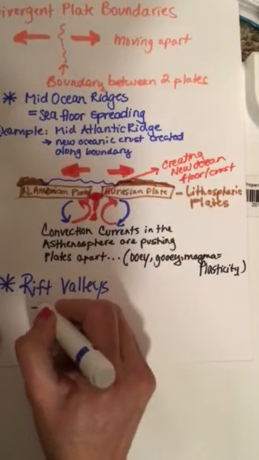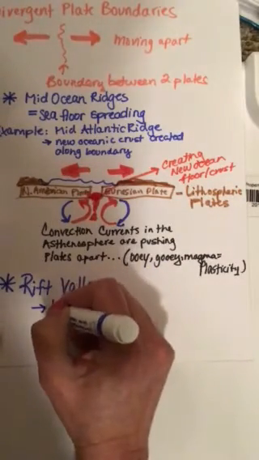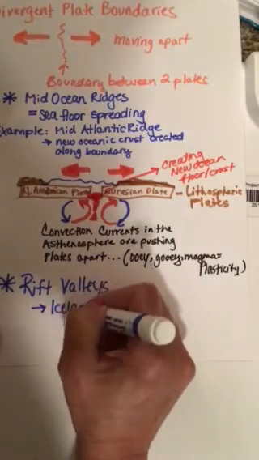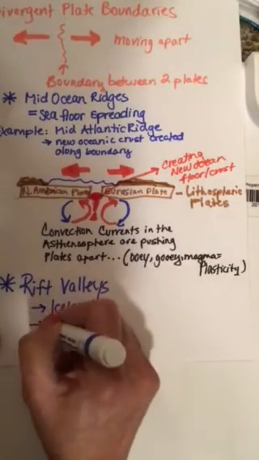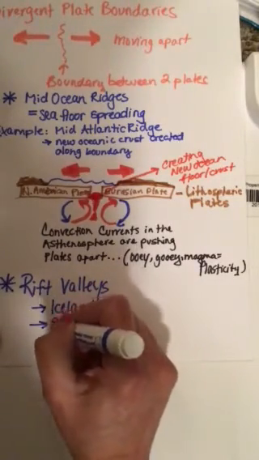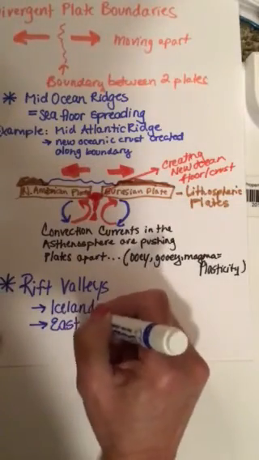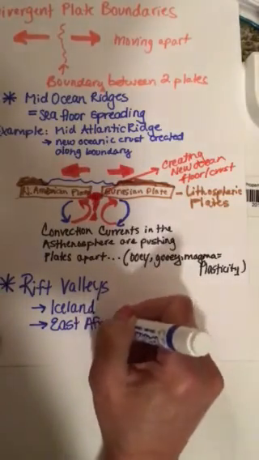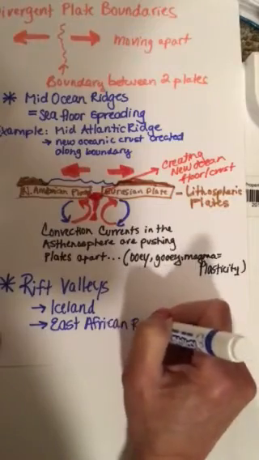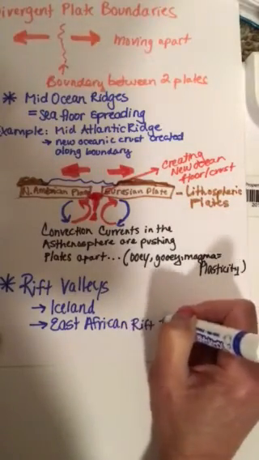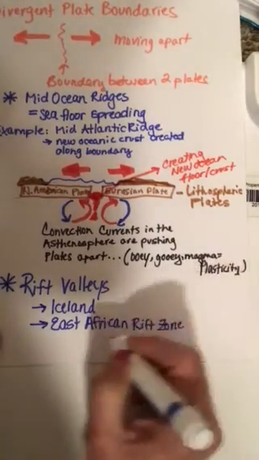An example is Iceland. Another example is the East African Rift Zone or valley.